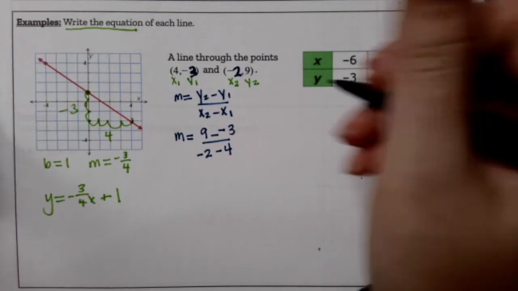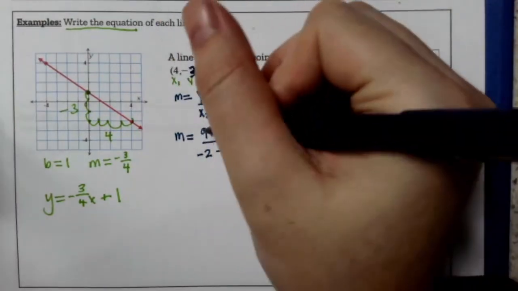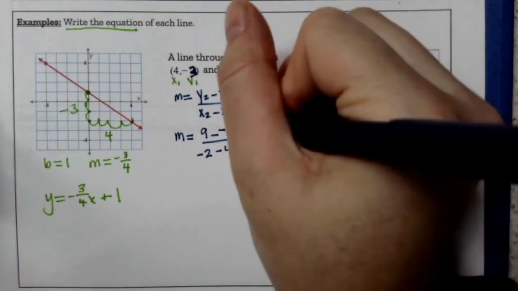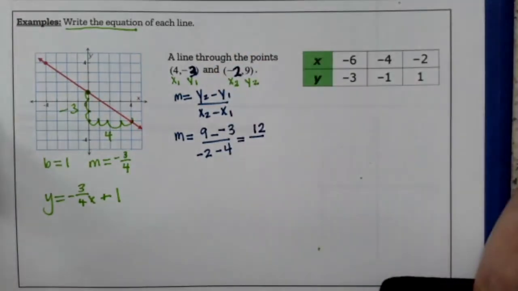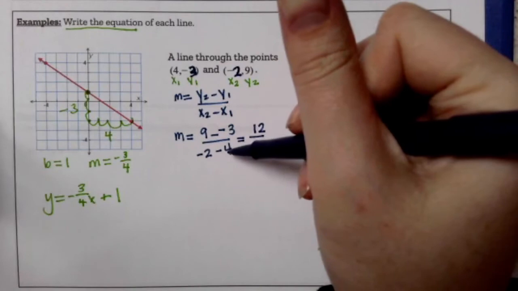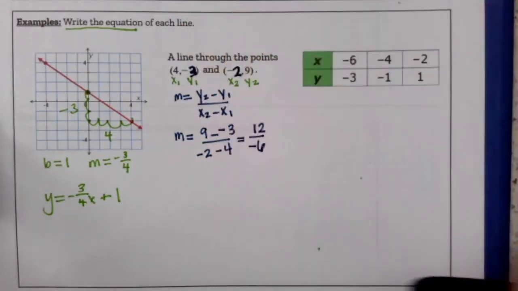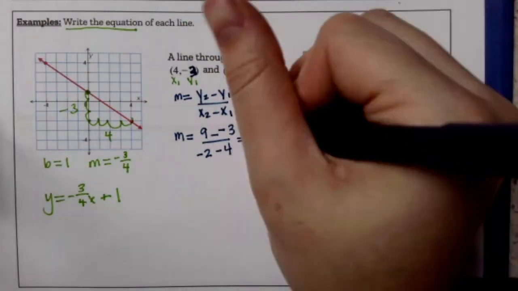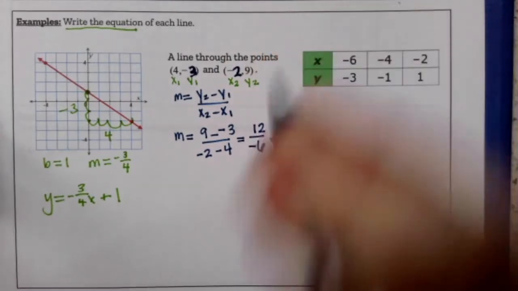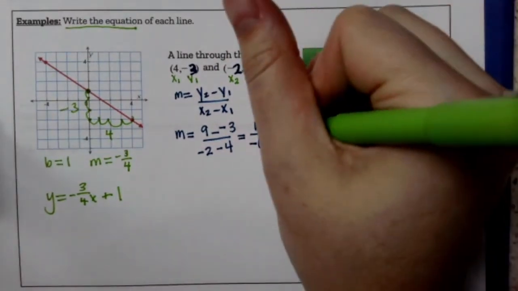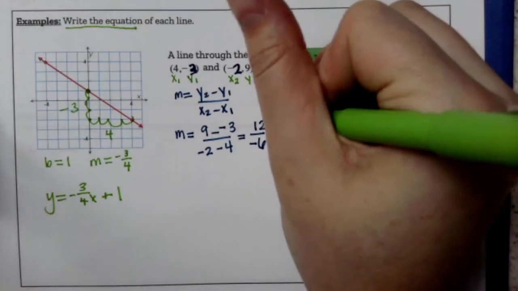And then I can go ahead and simplify across. So 9 minus -3 is 12. -2 minus 4 is -6, which gives me -2. This is my m.